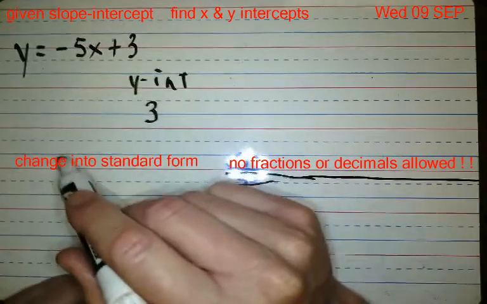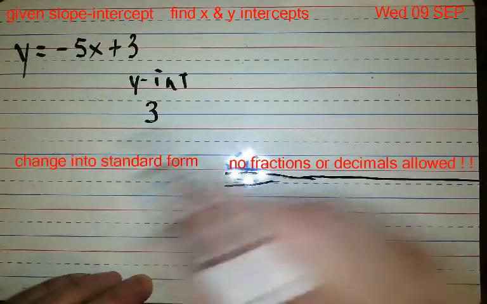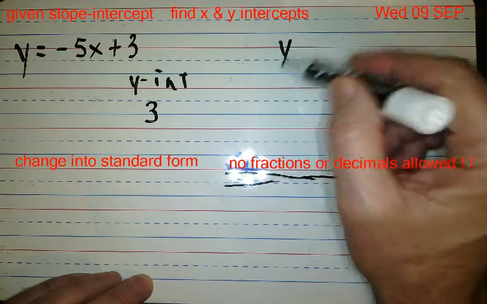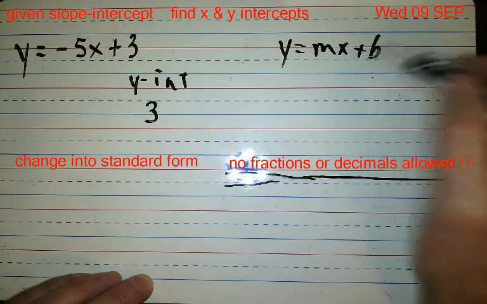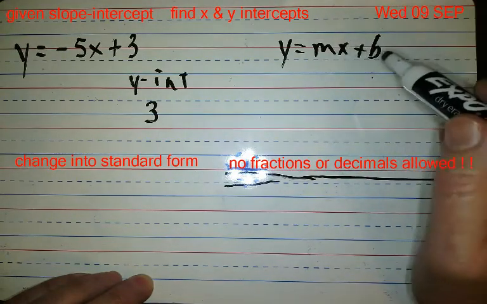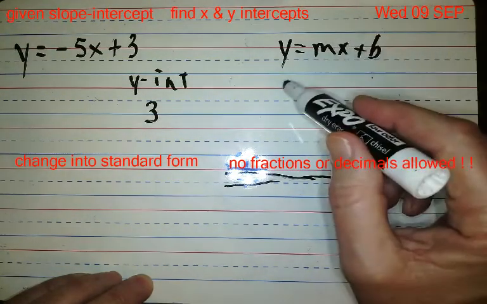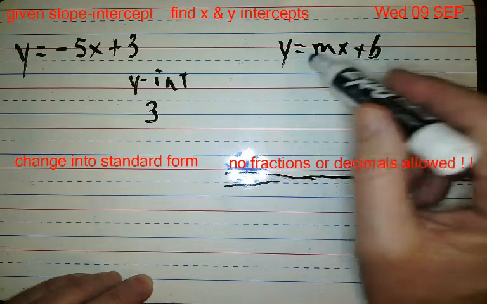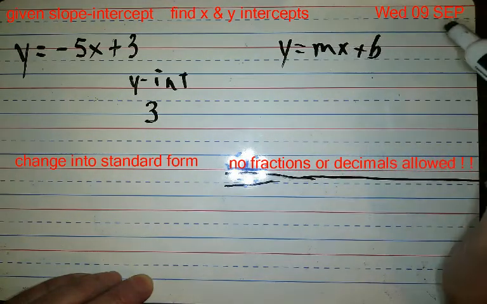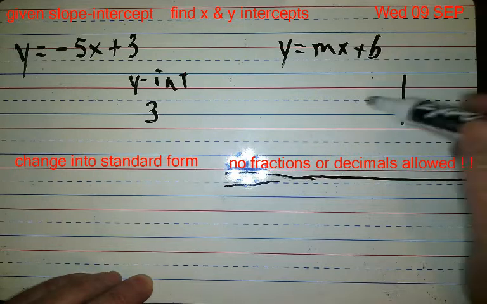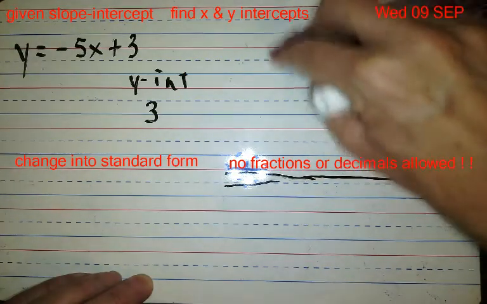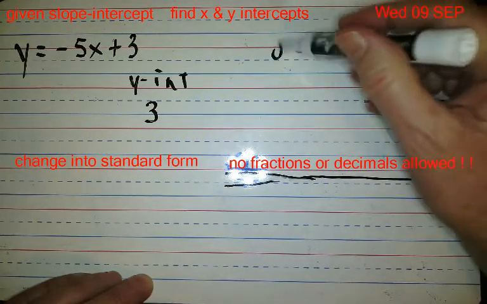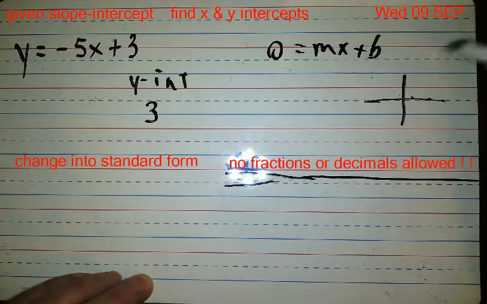And then to find the x-intercept, if you remember, we did this once before. We have just a generic equation. If I want to find what x equals, I have to subtract the b. What x equals whenever we're on the x-intercept, which means y is 0. So y is 0 whenever we're looking for the x-intercept.